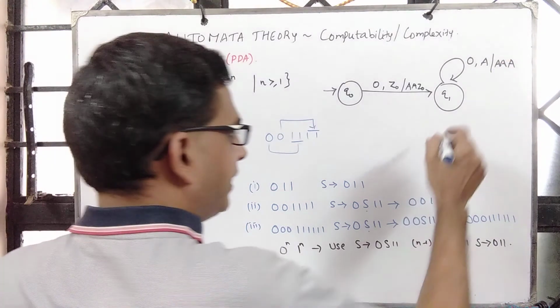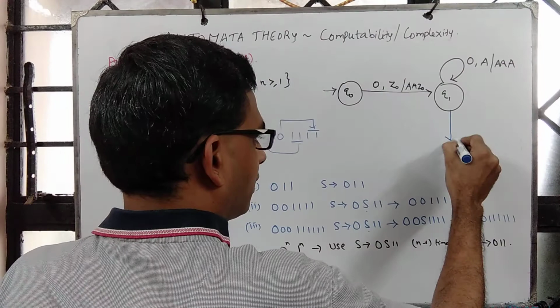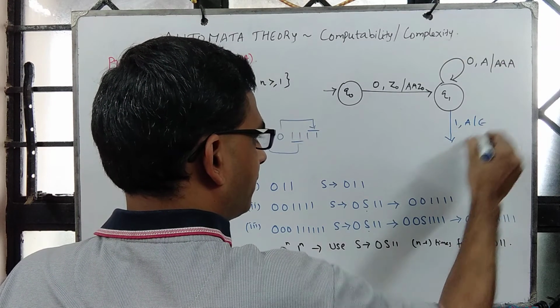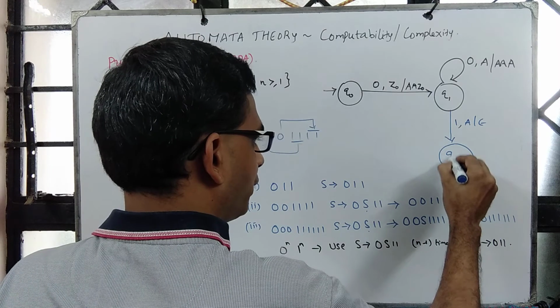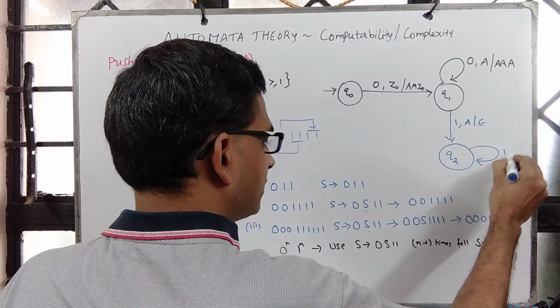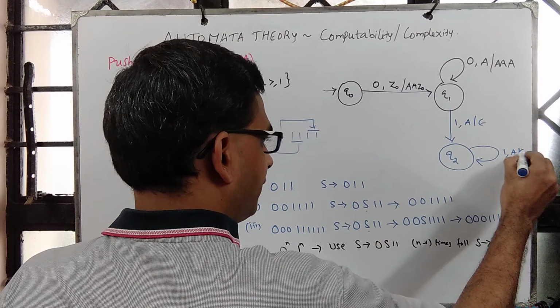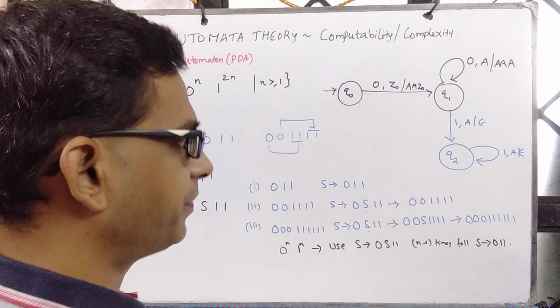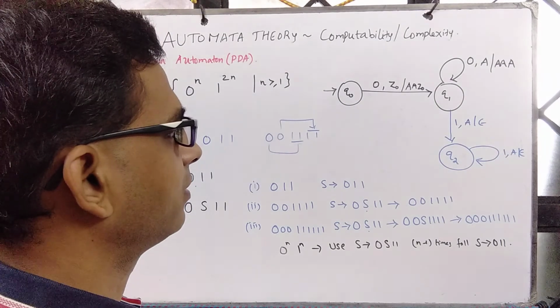Then we read a 1 and top symbol is A. We perform pop, go to Q2. At Q2, we read the remaining ones and we pop A out of the stack.